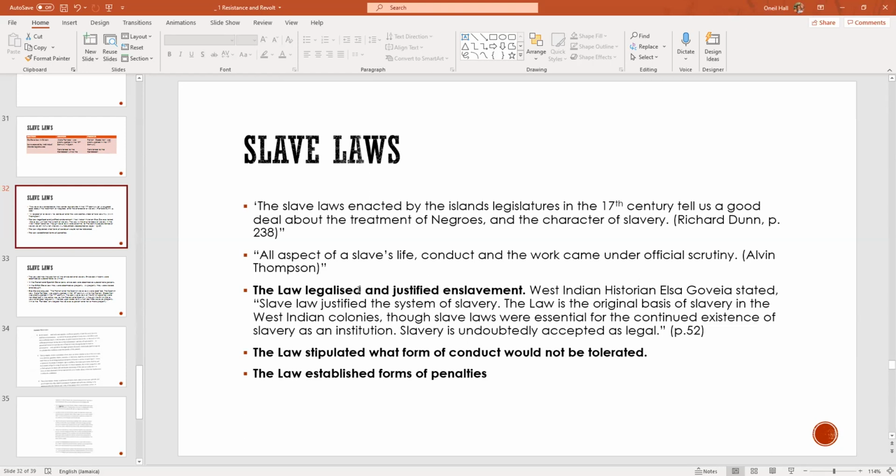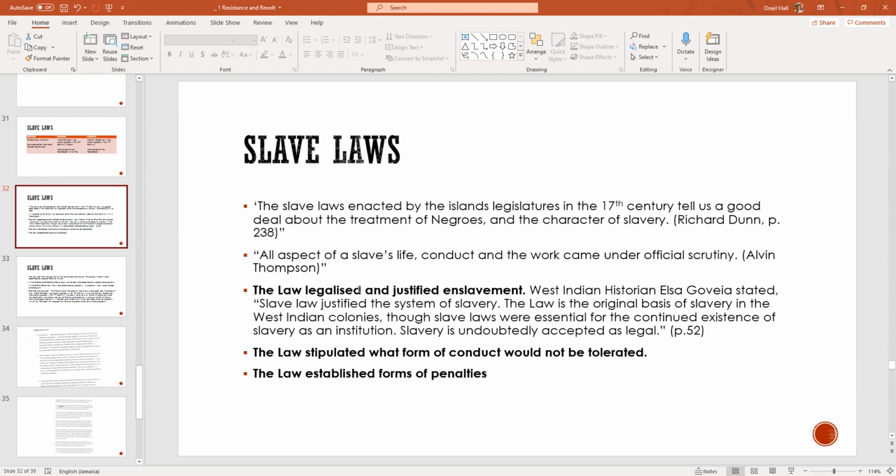The law is the original basis of slavery in the West Indian colonies. Those slave laws were essential for the continued existence of slavery as an institution. Slavery is undoubtedly accepted as legal. Very good, thank you very much, Norman.